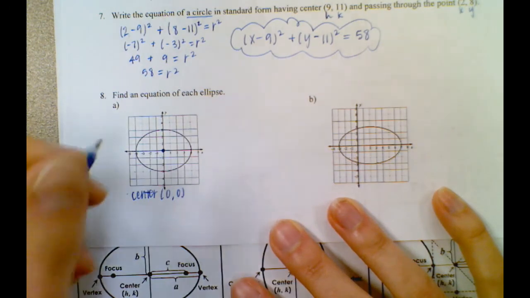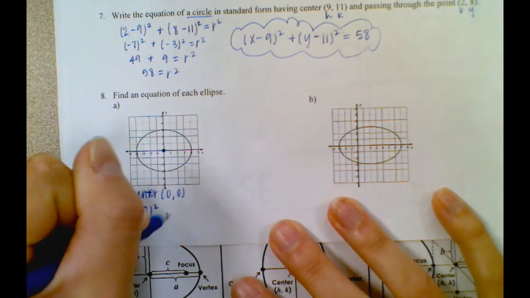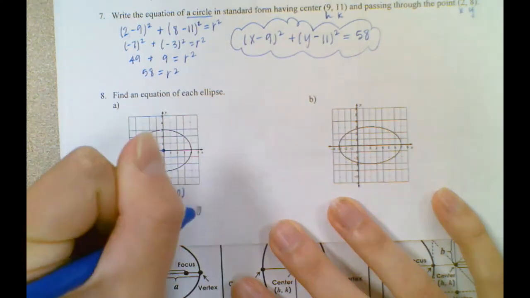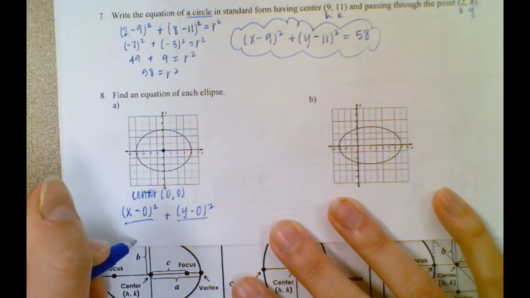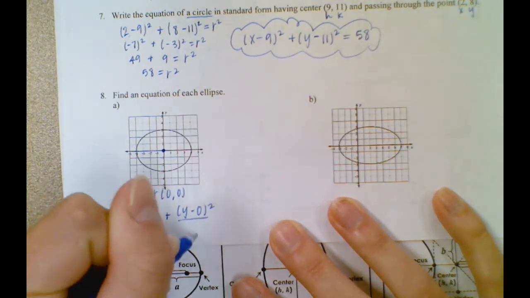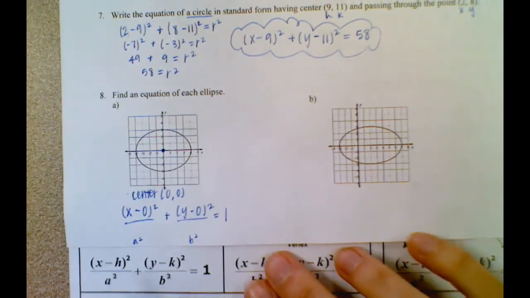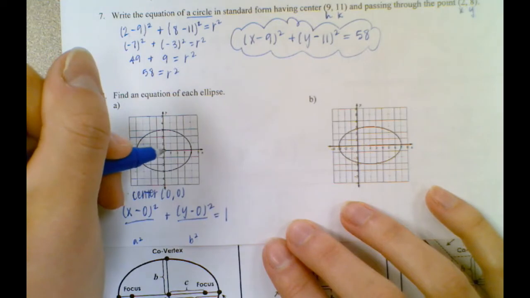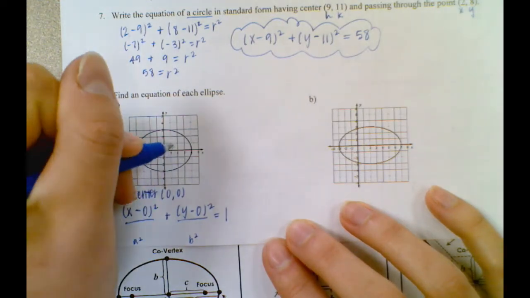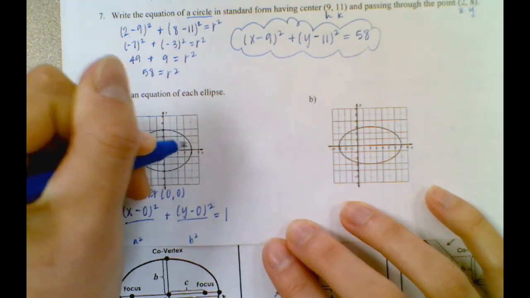I'm going to go ahead and set this up. 0 plus y minus 0, that's my k value. This has to be my a squared, this has to be my b squared, equals 1, based off of the formula right here, because I know it's this guy. So my a value is this distance, so that's 1, 2, 3, 4.